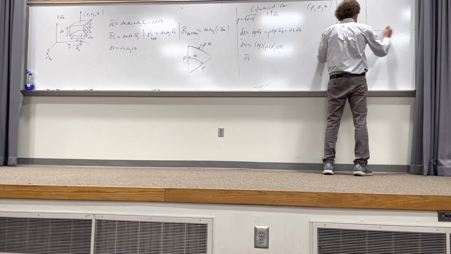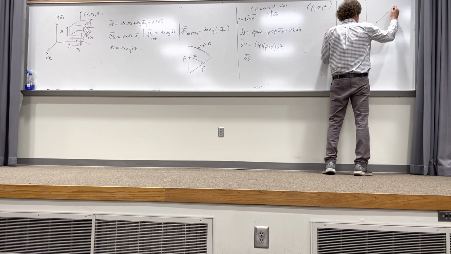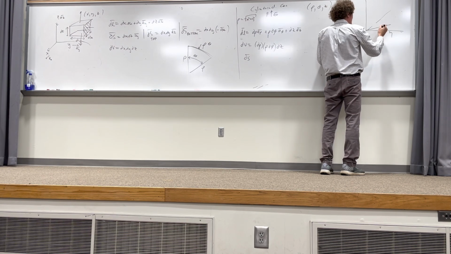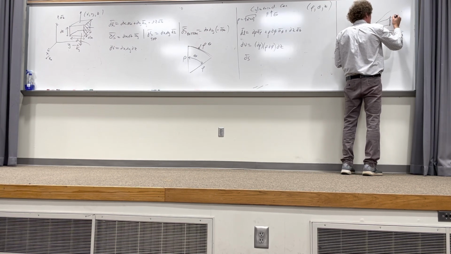So if we take the x, y, and z coordinates here, and now I'm going to come out a differential amount, and you're going to see a cube appear here.